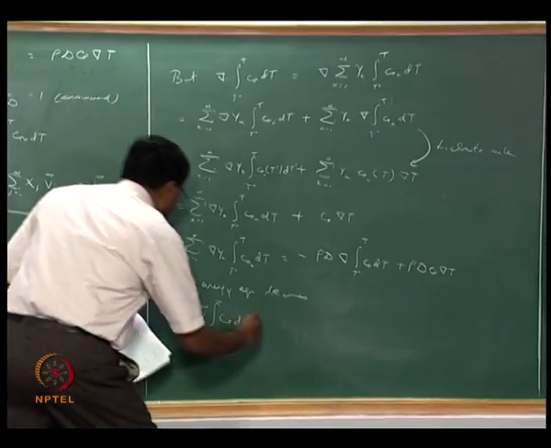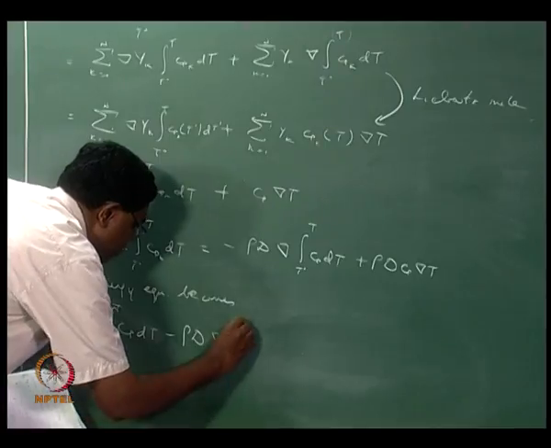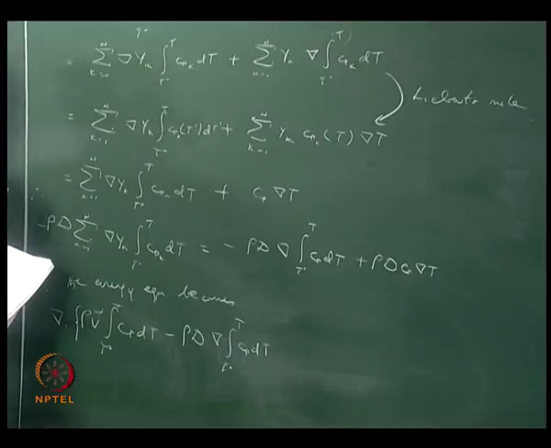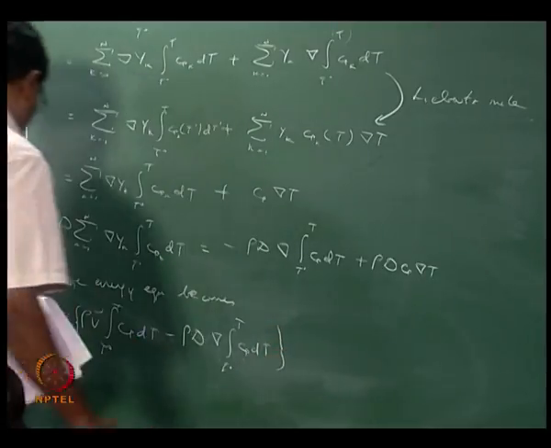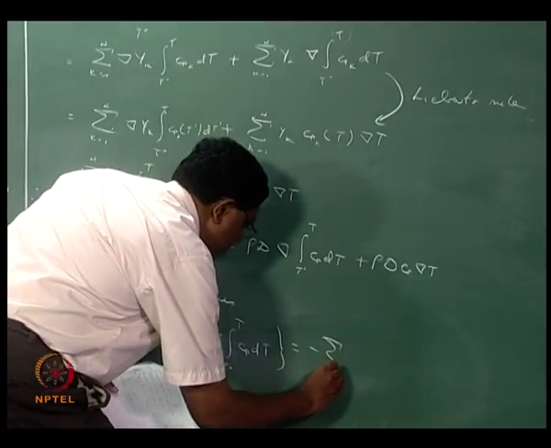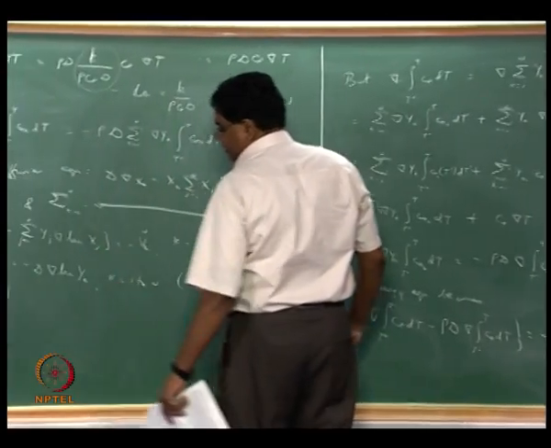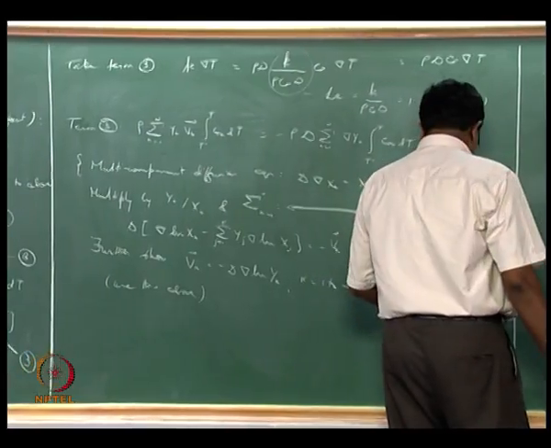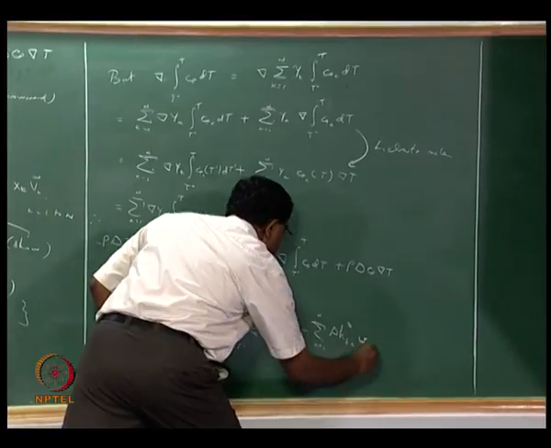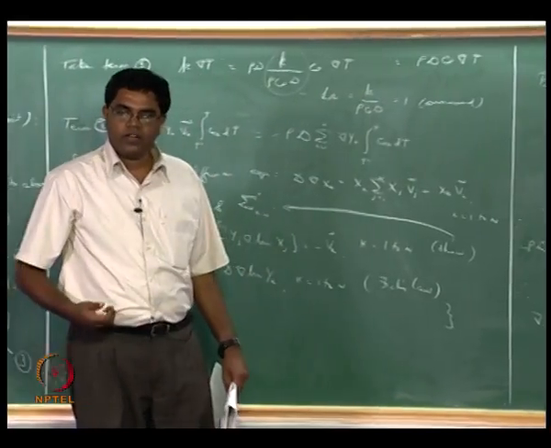So we have minus rho D gradient integral T naught to T Cp dT equal to minus sigma k equals 1 to n. Whatever we had on the right hand side there we will just copy here, so delta h of k naught wk. Alright.